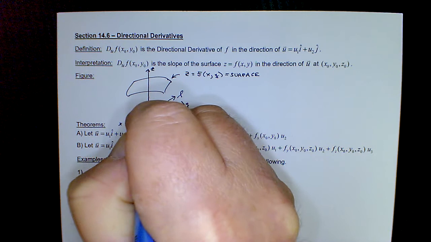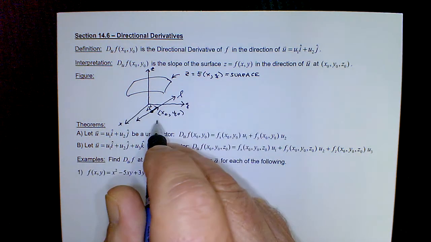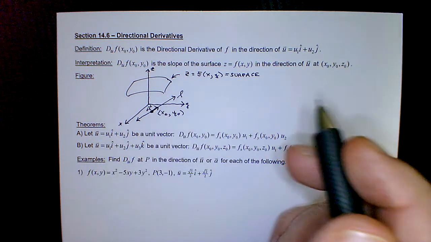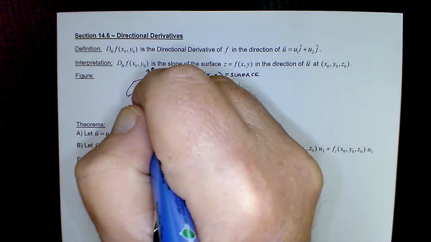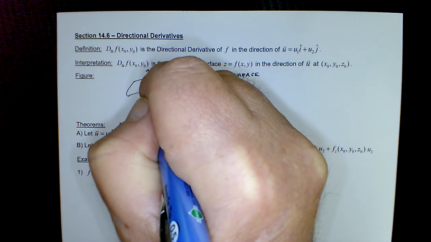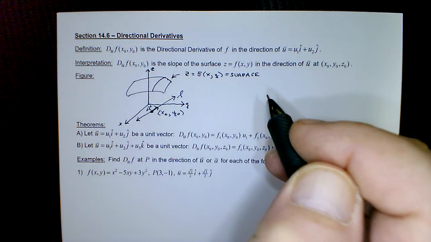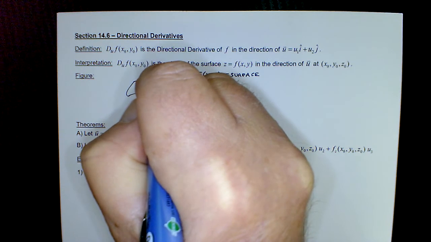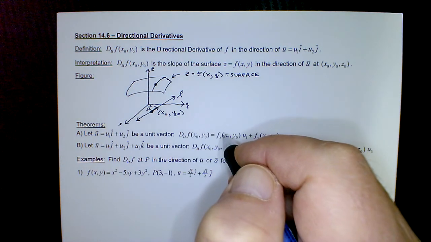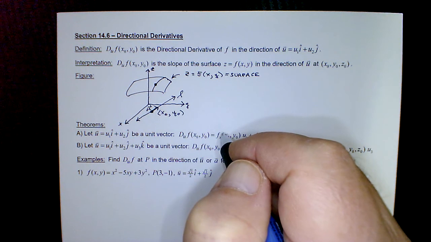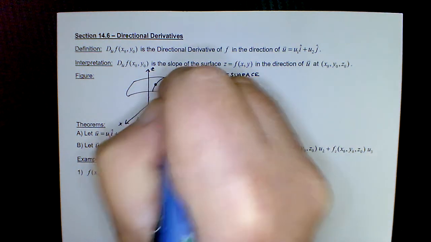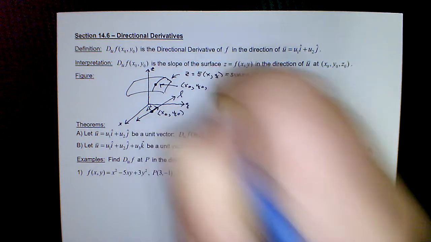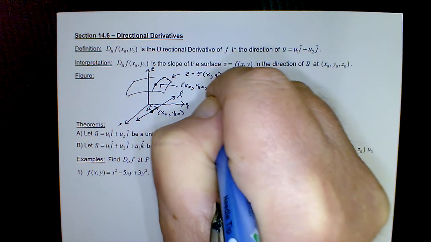There's a little one unit, call it u, and that would slice through the graph of the surface, let's say along something like this maybe. Okay, and so then projecting this point right onto the surface, that would be the point x sub 0, y sub 0, z sub 0.